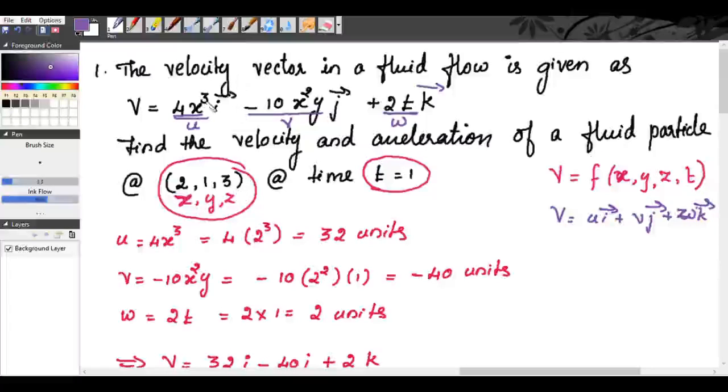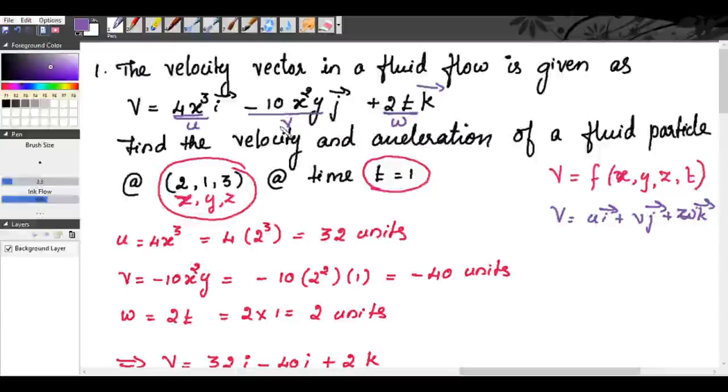So 4x³ is u, minus 10x²y is v and 2t is w. Now, u is 4x³. We substitute x equal to 2, so we get u equal to 32 units.